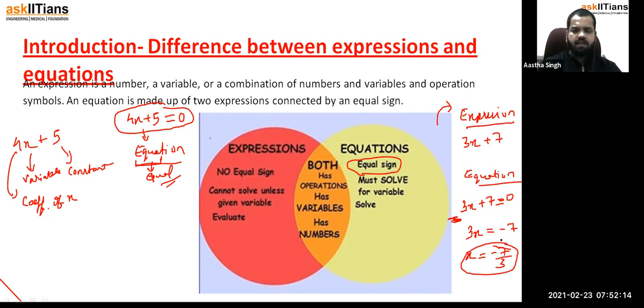Otherwise, for expression, it is just an expression, right? You cannot solve it. No equal sign, got the point? Cannot solve unless given a value for the variable to evaluate, right? The point is clear that equation and expression are both the same thing, but equation has your equal sign, and that equation can be solved to find the value of your variable.